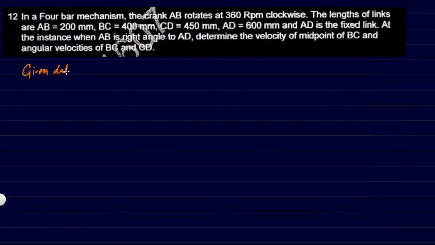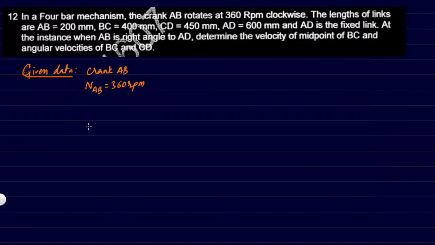First, he's telling us the crank is AB, and it is rotating. The rotational speed of the crank AB is given as 360 RPM.